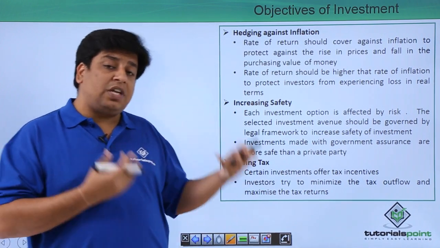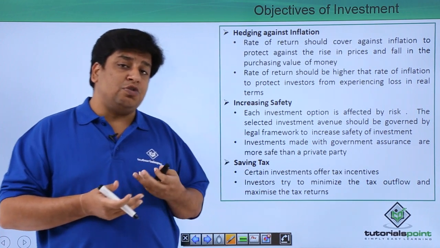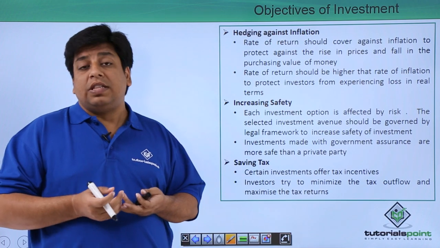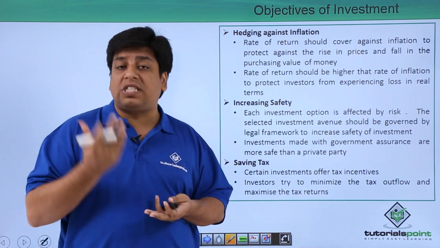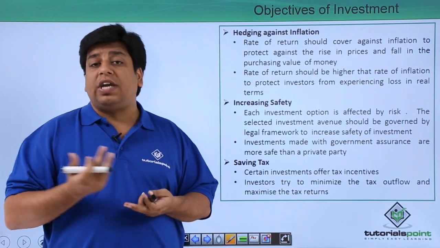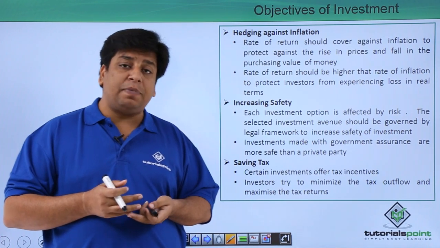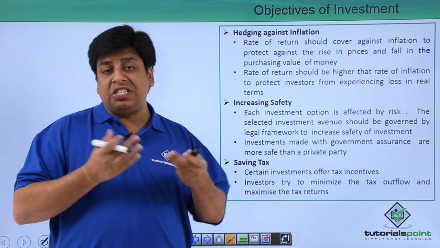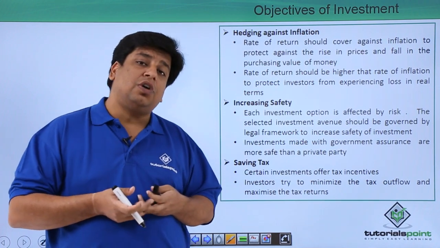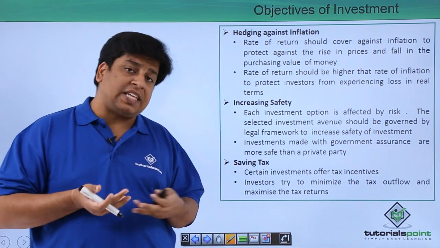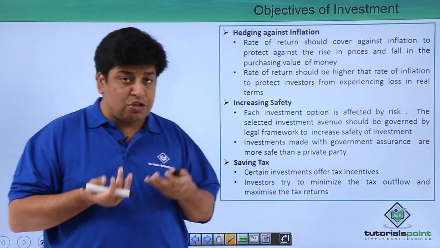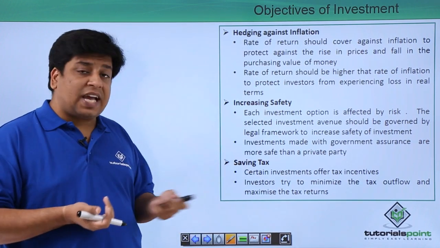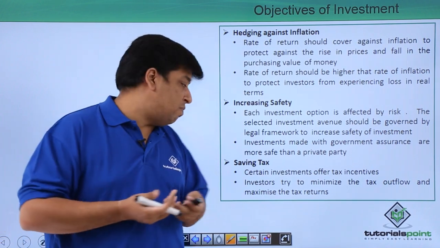Saving tax. There are certain investment avenues which provide you with the bonus of tax saving. This actually boosts your saving and hence boosts your investment. For example, we have certain mutual funds which can be considered for tax deduction from the income tax department, or there are certain insurance products which come under tax saving schemes initiated by the government.